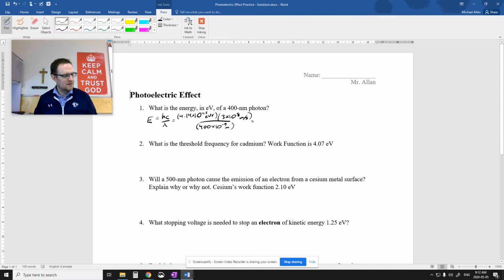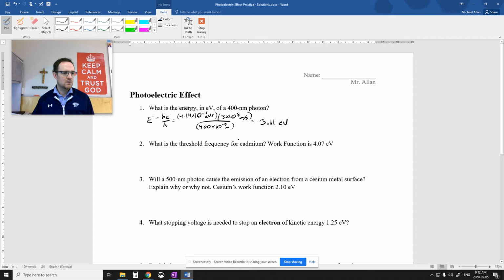I'm just going to punch that in my calculator here. So we get about 3.11 electron volts.